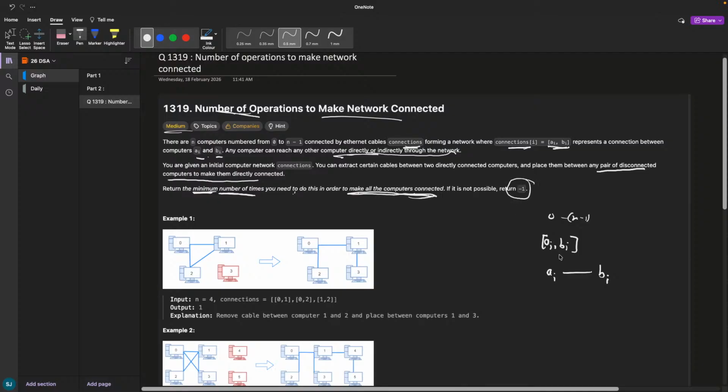Okay. So this is asking for the minimum number of times, right? So you have to do a min of whatever you're doing, where this resolves the entire thing and makes all computers connected.